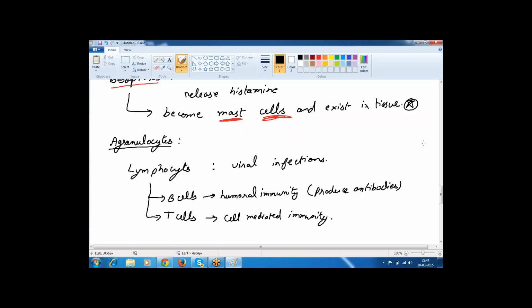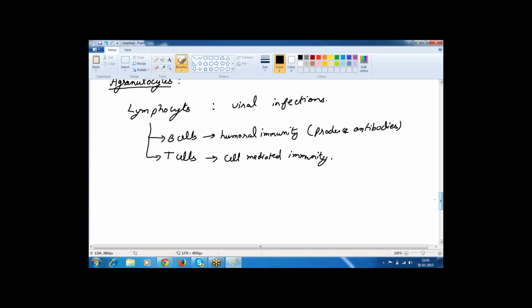Then we have got monocytes. Monocytes are the largest blood cells. These are largest in size. Their function is phagocytosis.